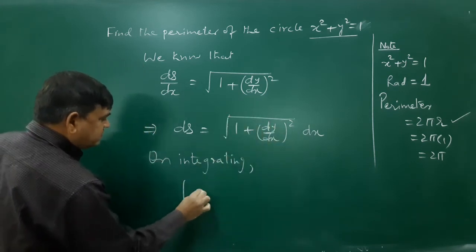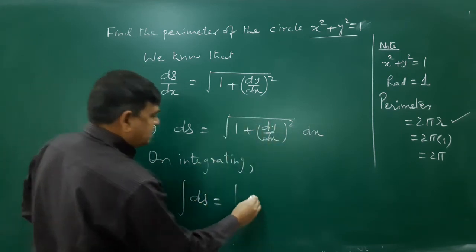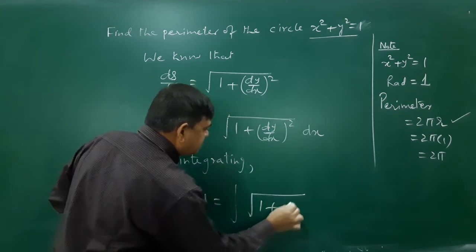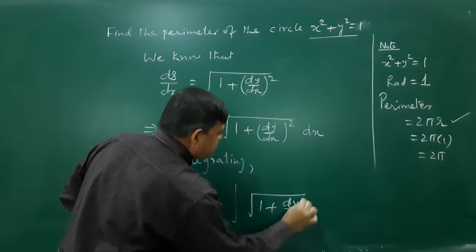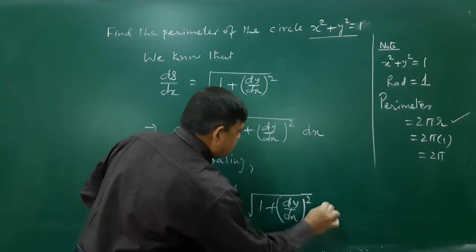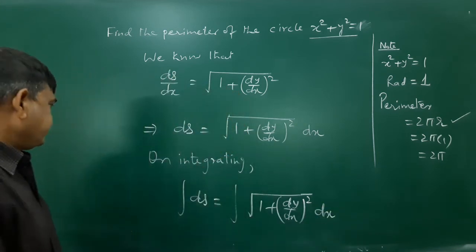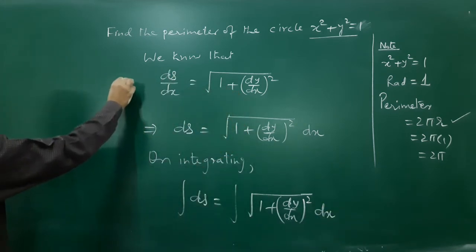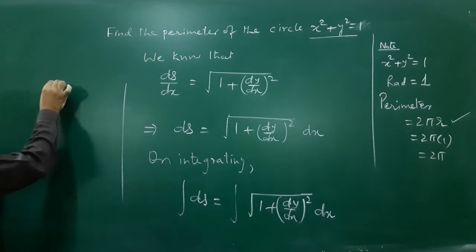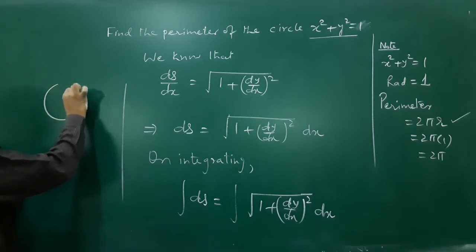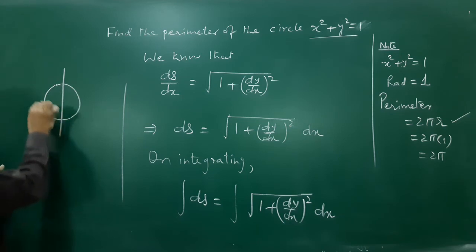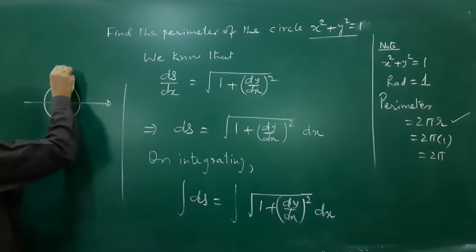समाकलन करने पर under root of 1 plus dy by dx whole square and here is dx. Now this is circle of radius 1 and center is at the origin.